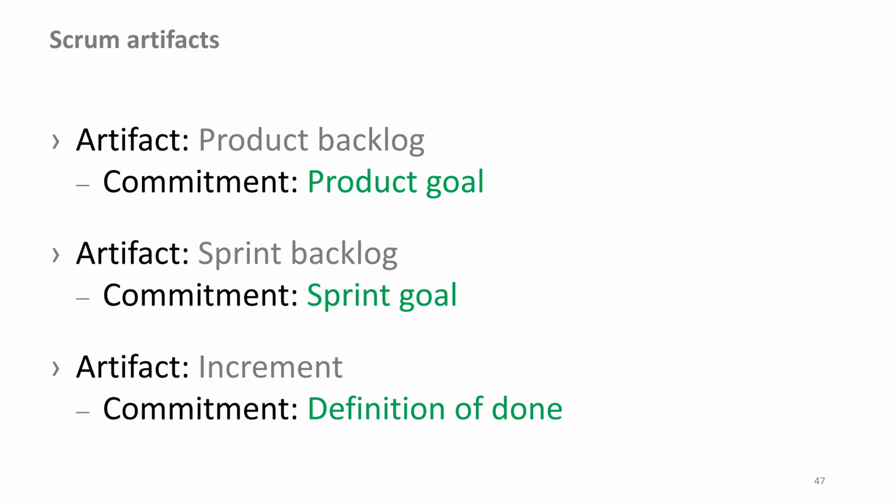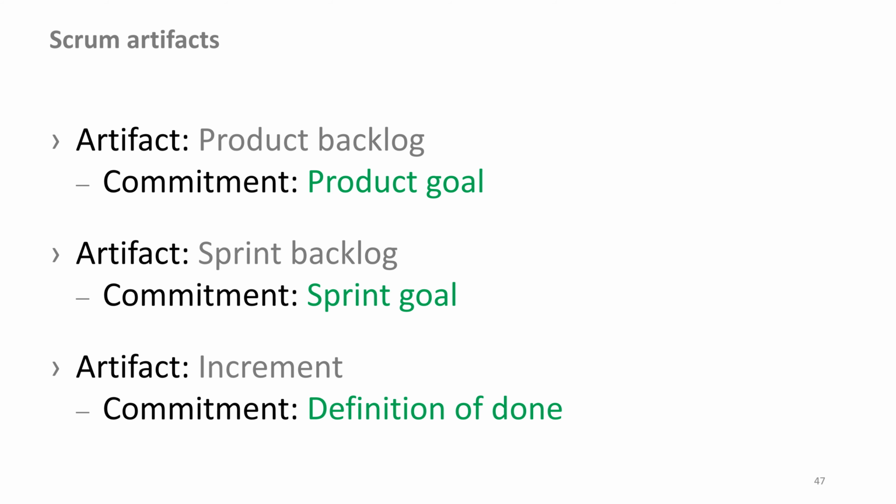If the definition of done for an increment is part of the standards of the organization, all Scrum teams must follow it as a minimum. If it is not an organizational standard, the Scrum team must create a definition of done appropriate for the product.